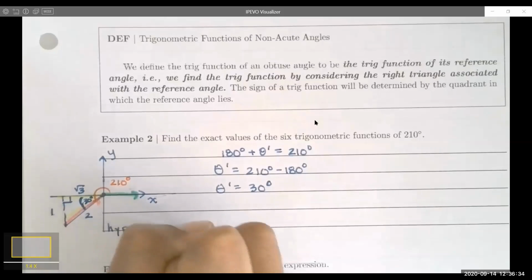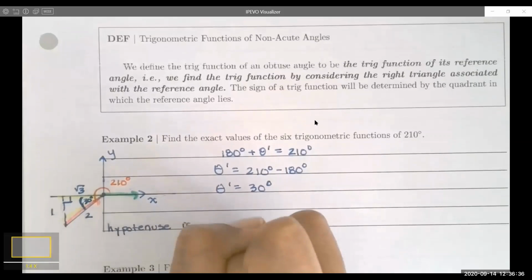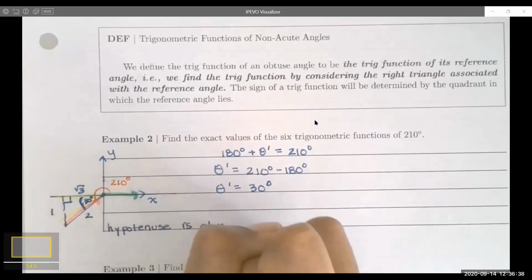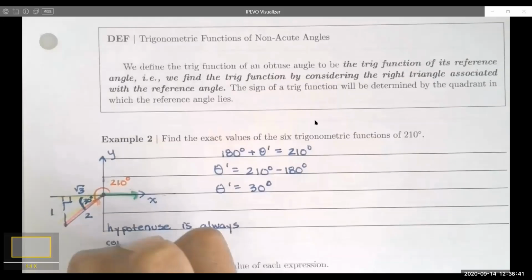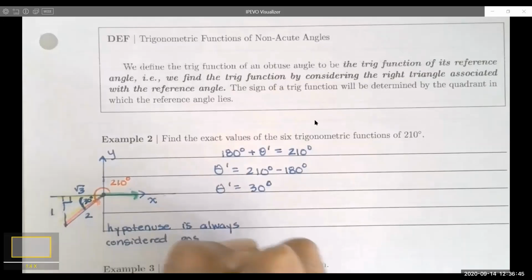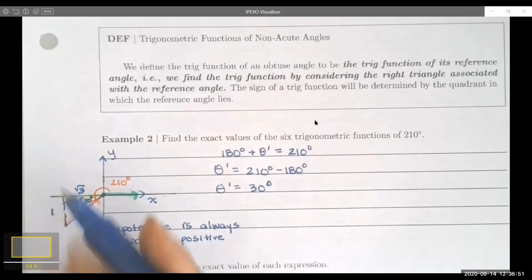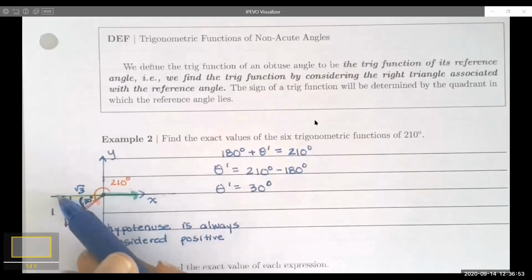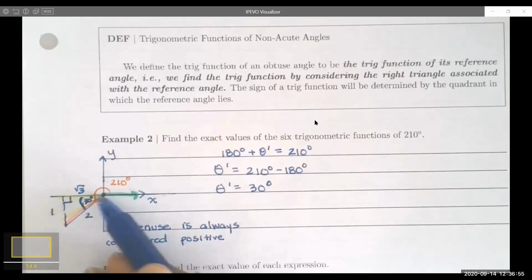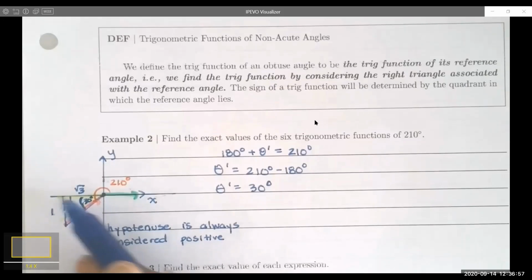Hypotenuse is always considered positive. And the reason for that is that it's considered a distance from the origin. But the square root of 3, since it's going in the negative x direction, right? If we're going to the left of the origin, that's in the negative x direction.